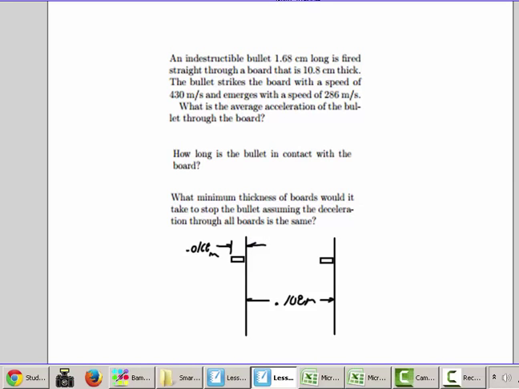So we're entering at 430 meters a second, so we'll draw a vector to represent that velocity right there. And we're coming out at this point, traveling right here at 286, and 430 meters a second.